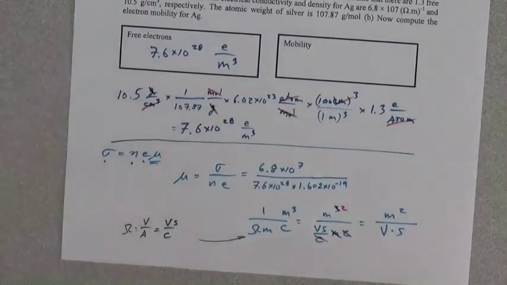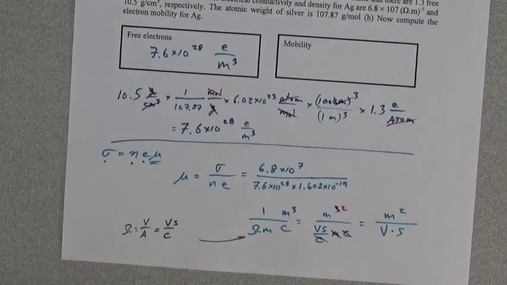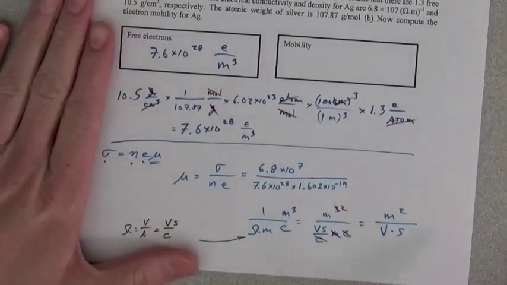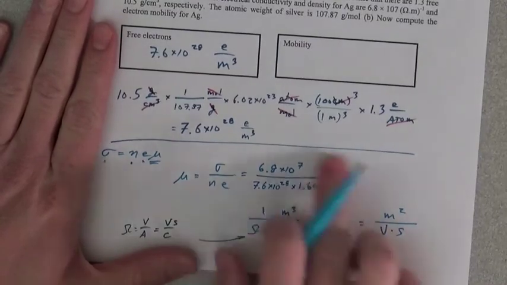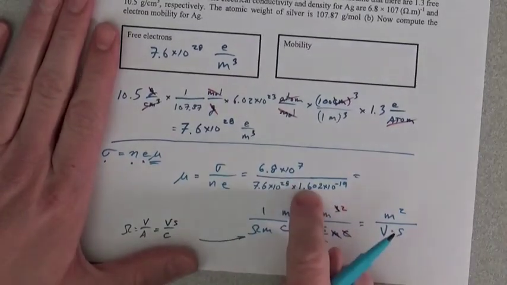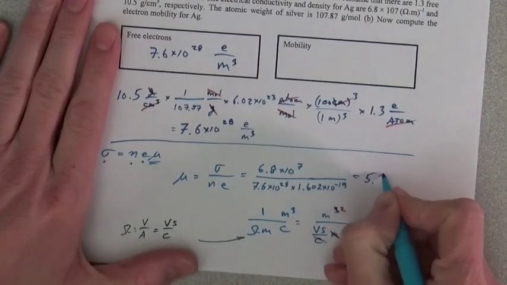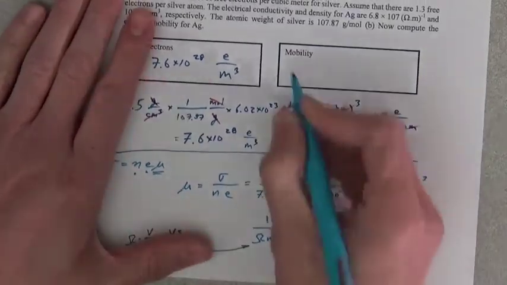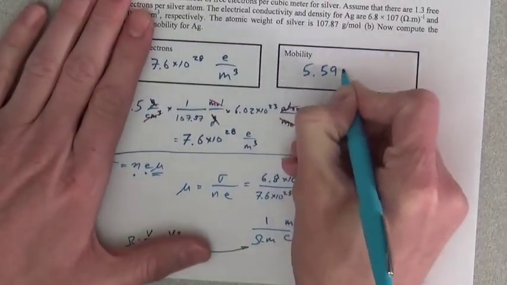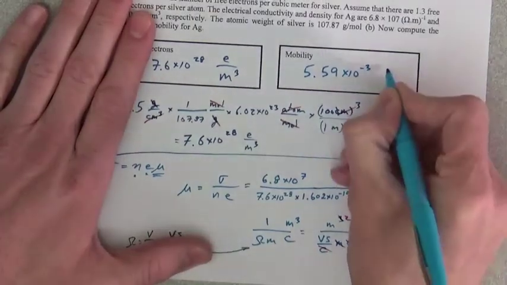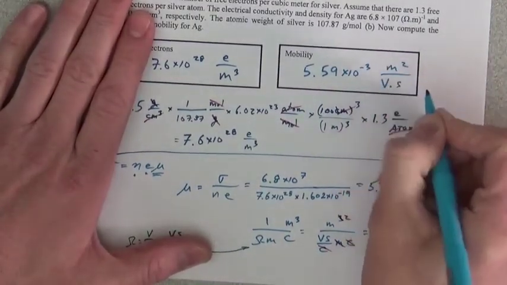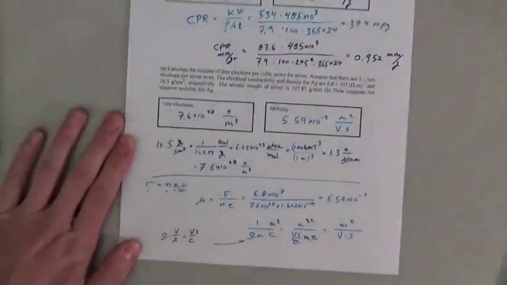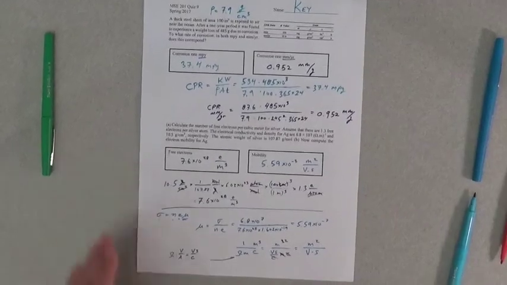Admittedly, in terms of grading this, there's flexibility in the units you use. I think this is kind of a nice way of putting it. But putting this into your calculator comes out with 5.59 times 10 to the minus 3 meters squared per volt second. And that is the solution for quiz 9.